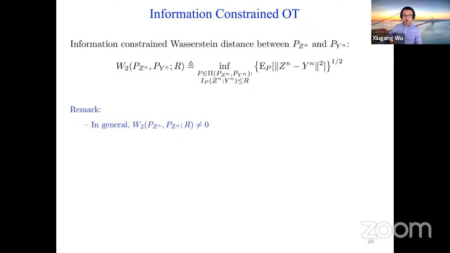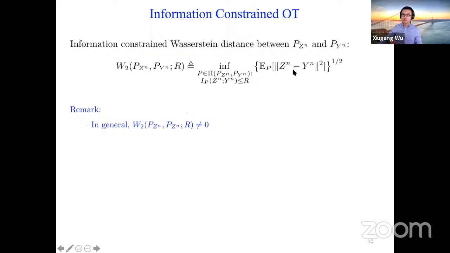And also, for the same reason, because you have a mutual information constraint imposed on the coupling, for finite R, if you look at the Wasserstein distance in the information constraint sense, the distance between PZn and itself is in general not equal to 0 anymore.